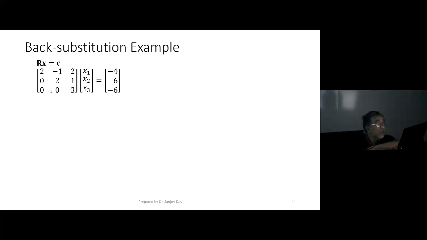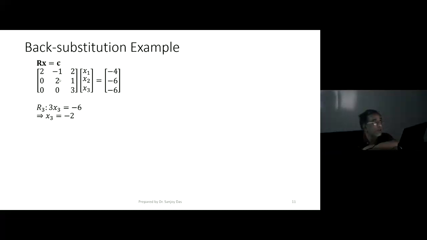So from the last row, what do we get? We're taking advantage of the fact that this is upper triangular: 0 times x1, 0 times x2, 3 times x3 equals negative 6. So row 3 yields x3 equals negative 2.